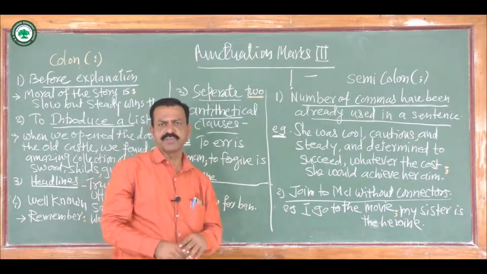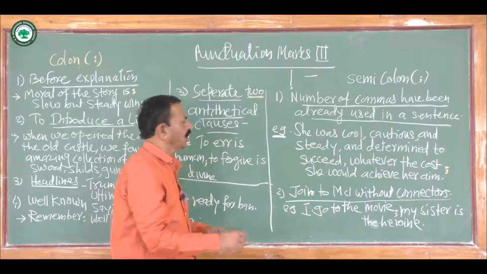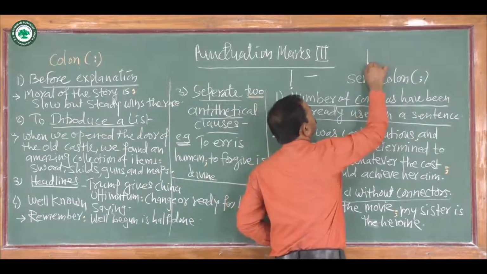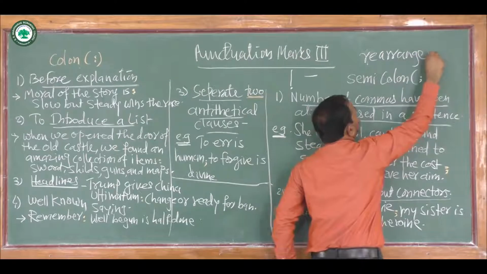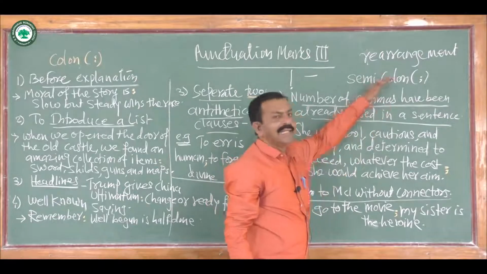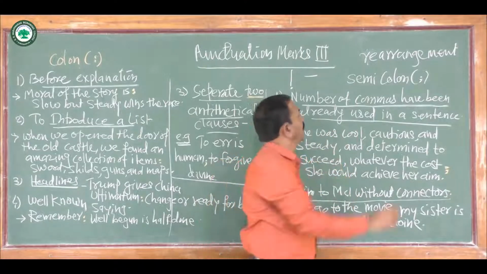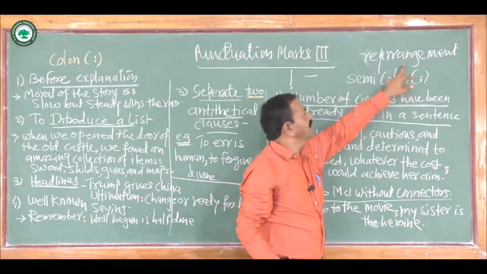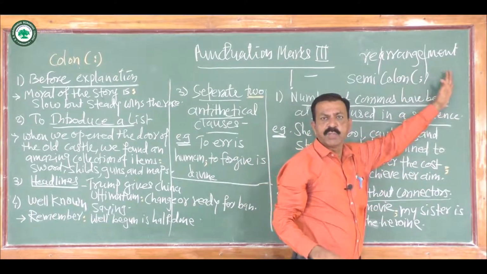So let me introduce first what is a suffix and what is a prefix. For example, here I have written the word rearrangement. So the main word is arrange. We added re to it first, before this, and arrange is known as the root word. I also added ment to the root word.